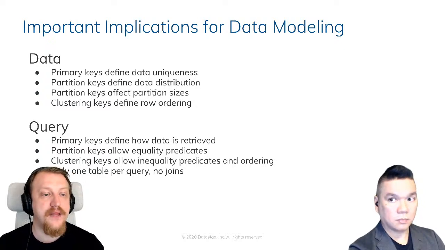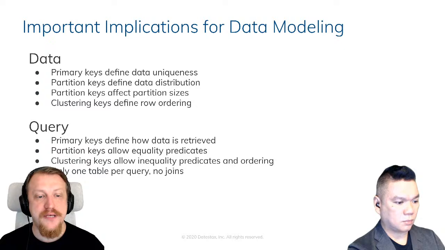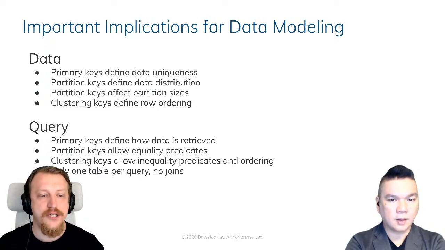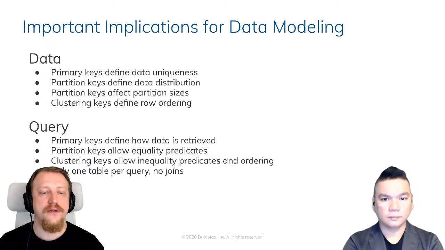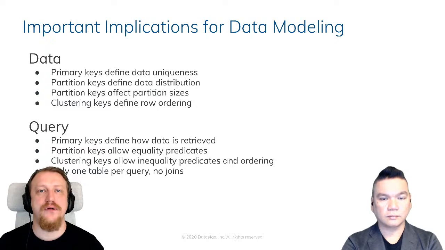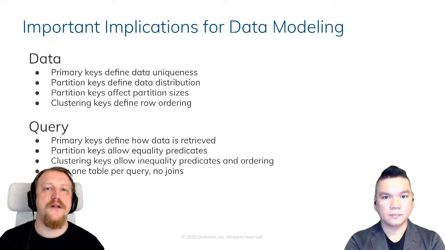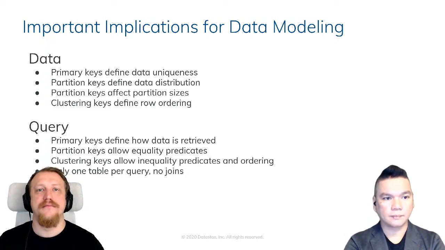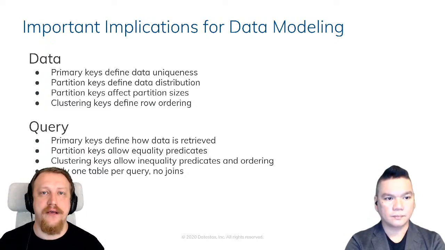Then, query. Primary key defines how data is retrieved. We need primary key to identify data we are going to pull. Partition key allows only equality predicates. Working with a partition key, you may specify where x equals z, or x in 1, 2, 3 list.